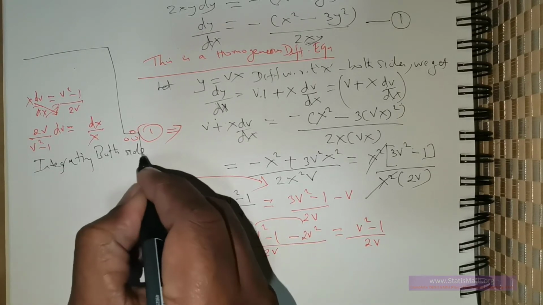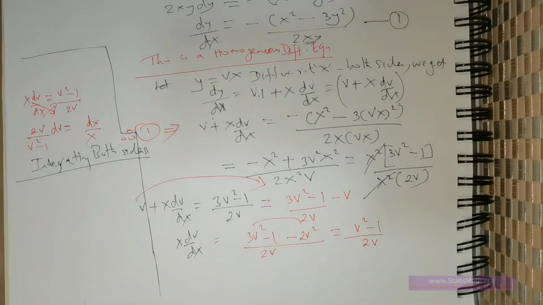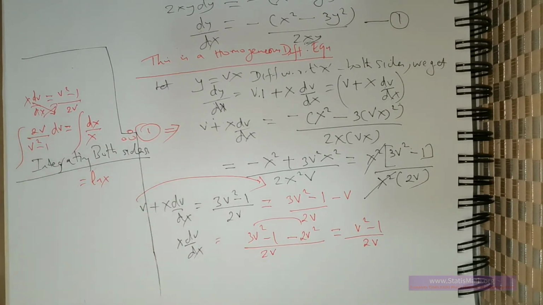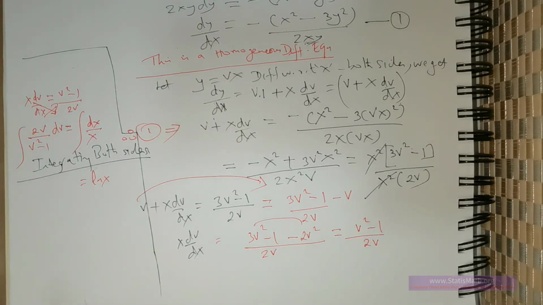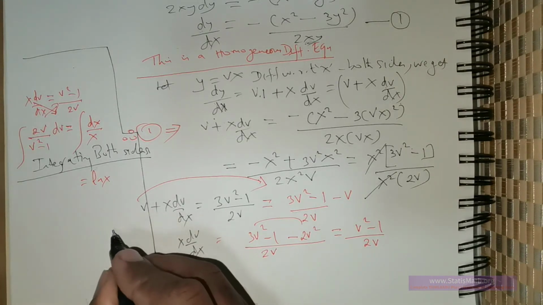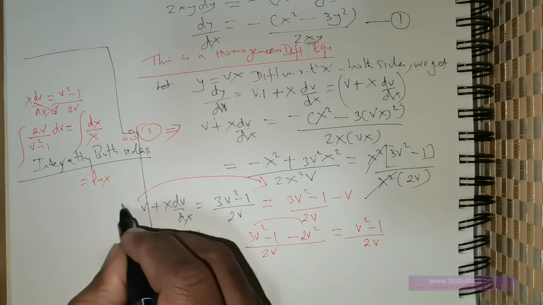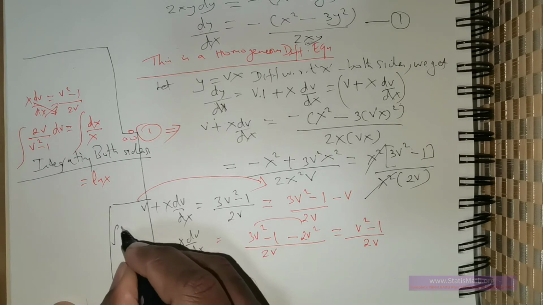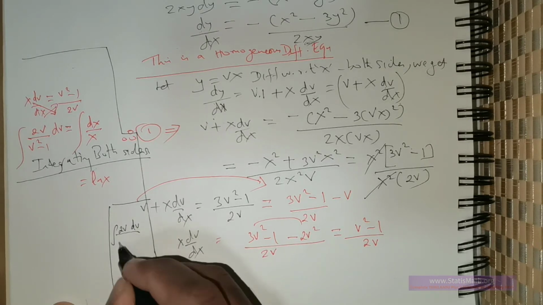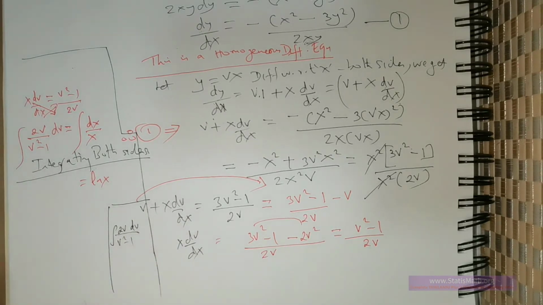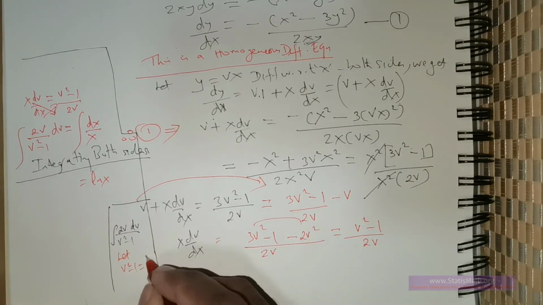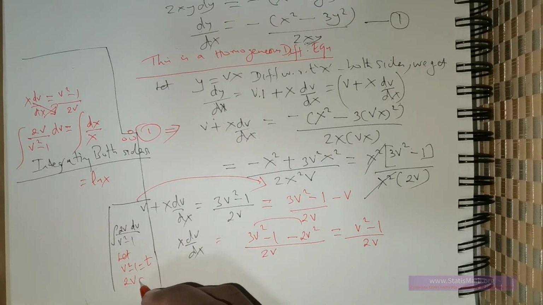so what happens when we integrate both sides? On the right side you get ln x. On the left side let me just show you the integration over here. If I take this as 2v dv divided by (v squared minus 1) and make the substitution, let v squared minus 1 be equal to t, I get 2v dv as dt.